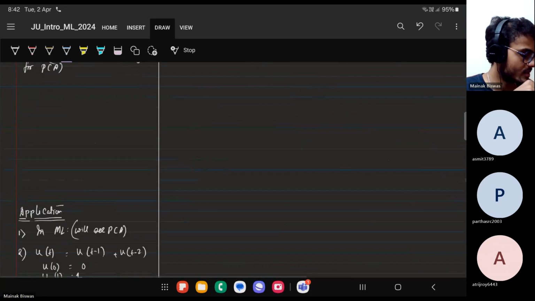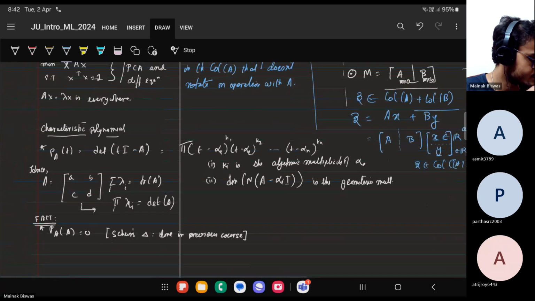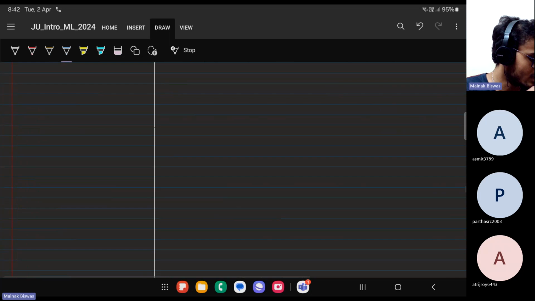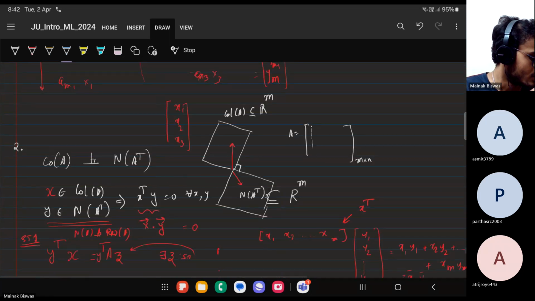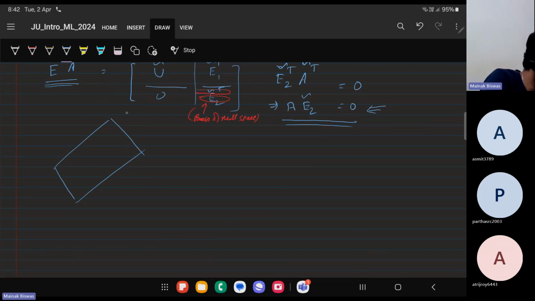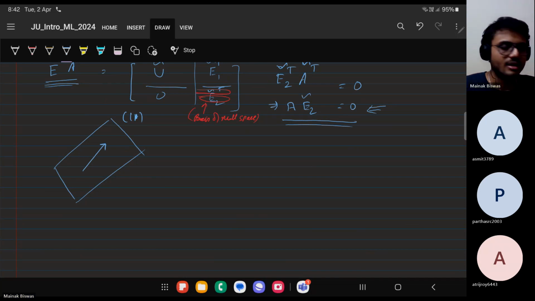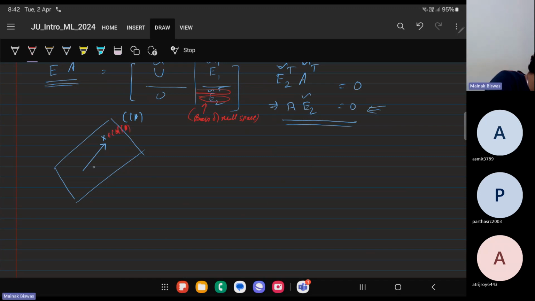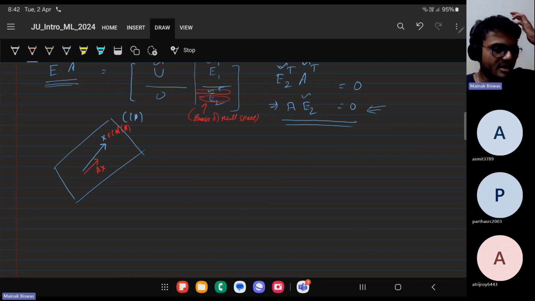So what I'm trying to say is, let's just write it. I have one vector in the column space. This is the column space of A. I have this vector. This is X. Then I multiply this vector with A, AX, and the direction does not change.